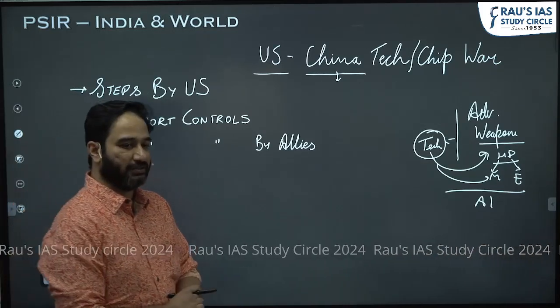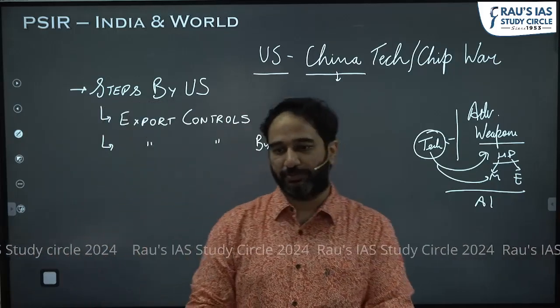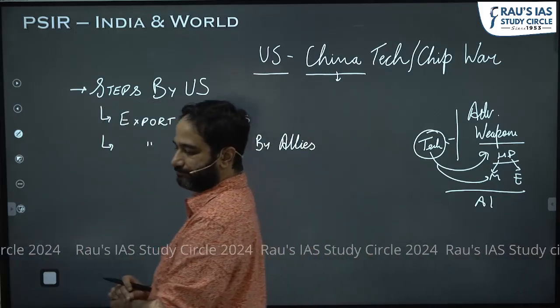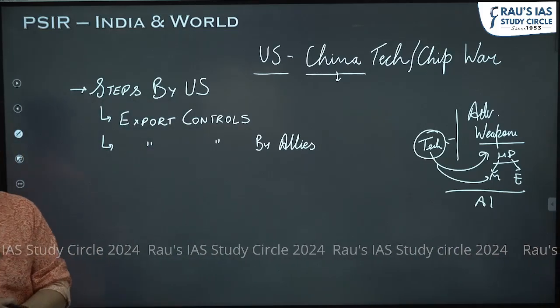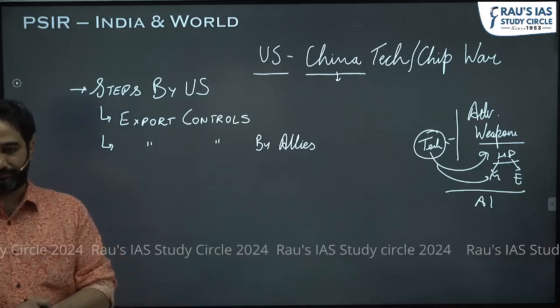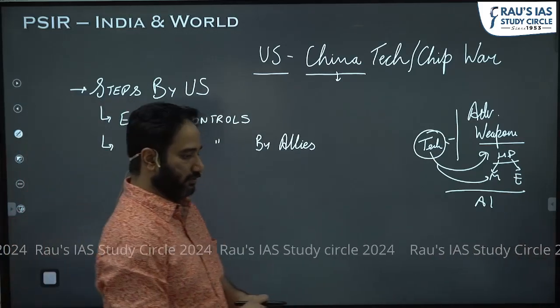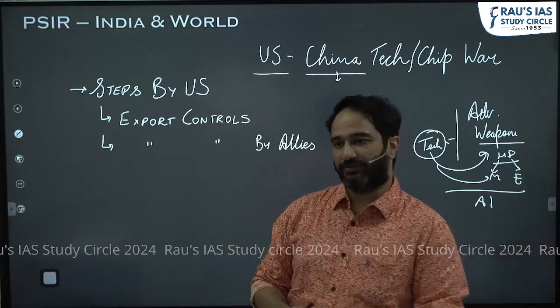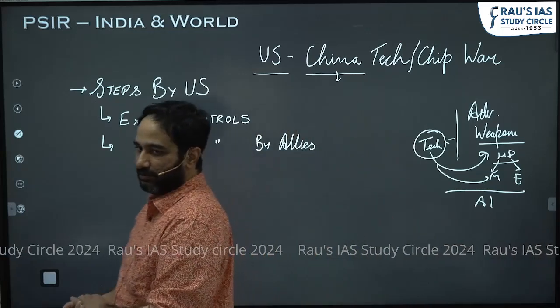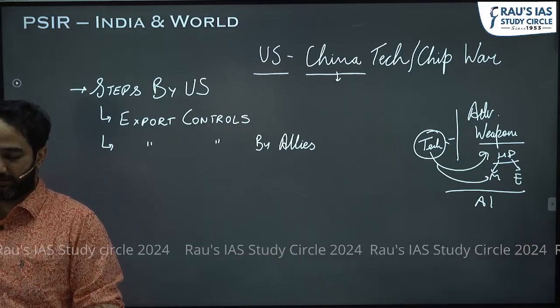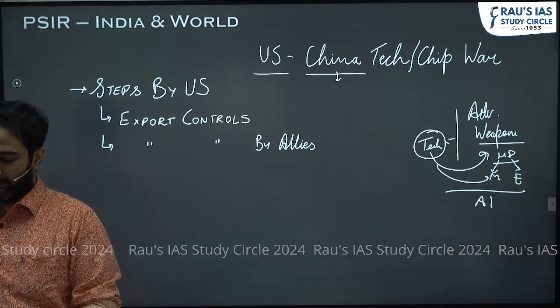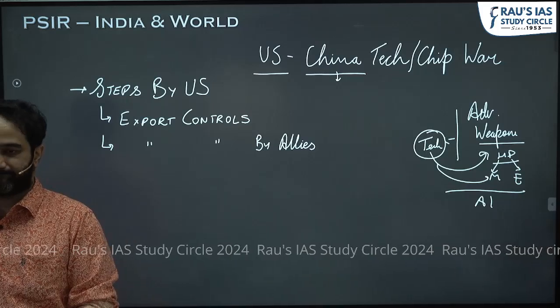Japan, Netherlands, and Taiwan have imposed export controls of such equipment to China.